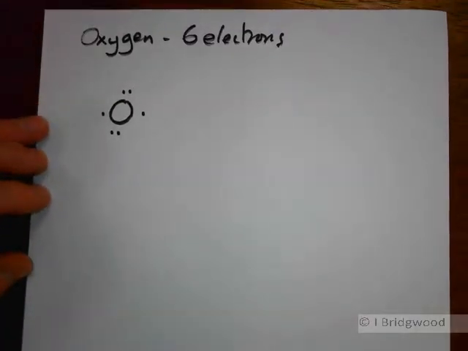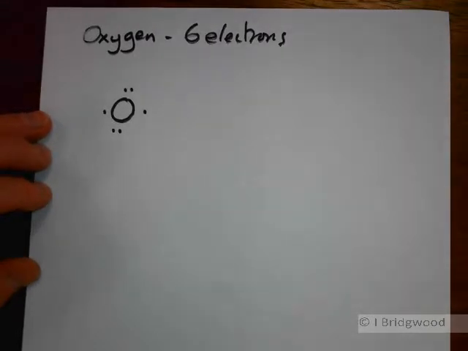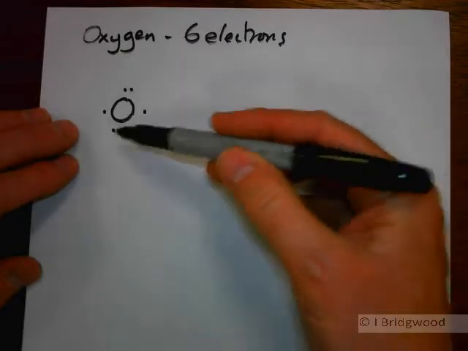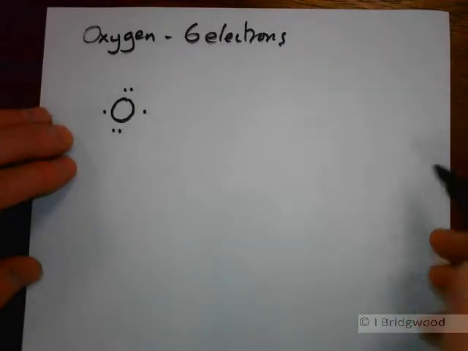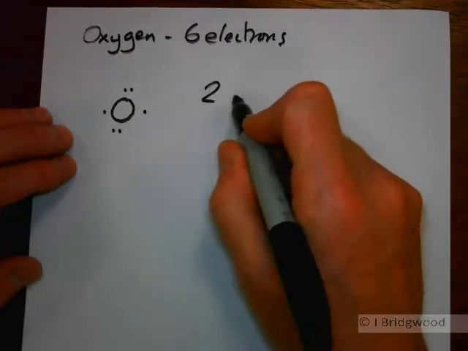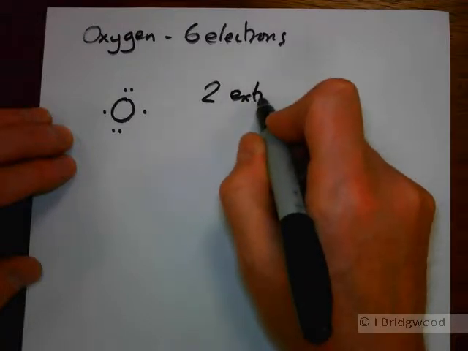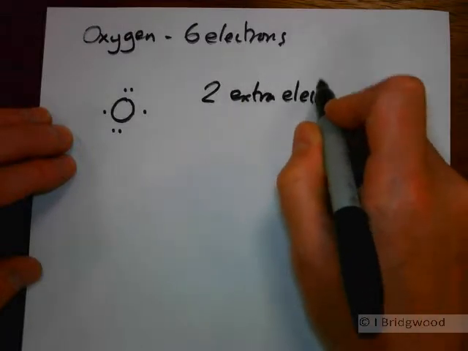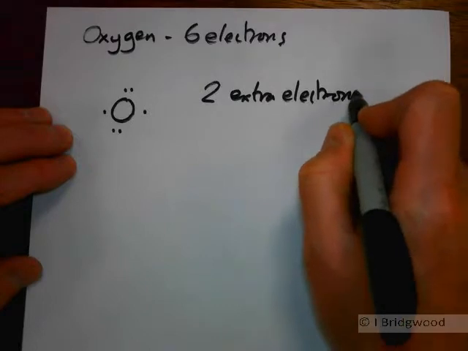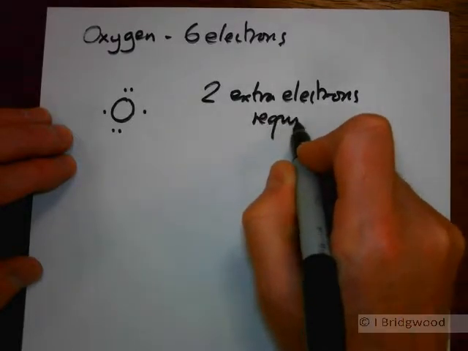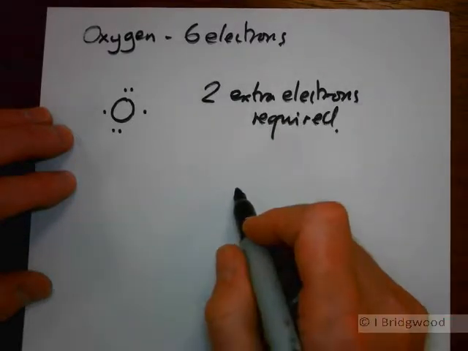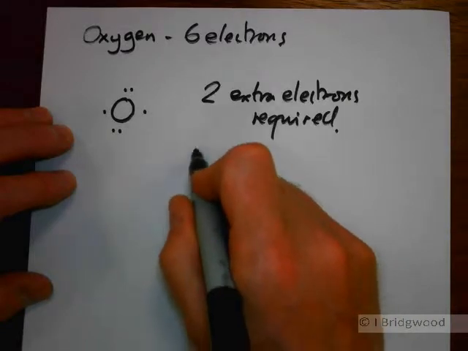To get to noble gas electron configuration, now I'm generalizing and simplifying here of course, but it works reasonably well for period 2 elements, it needs 2 extra electrons, and therefore to form 2 covalent bonds.